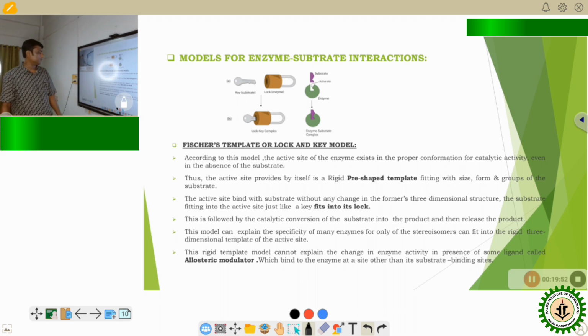This rigid template model cannot explain the change in enzyme activity. Later we will discuss different kinds of inhibition: competitive, non-competitive, uncompetitive. In that condition, it is seen that if the site is in a pre-rigid form, then the inhibition tendency decreases, becomes lesser, mainly because only a specific substrate can bind.